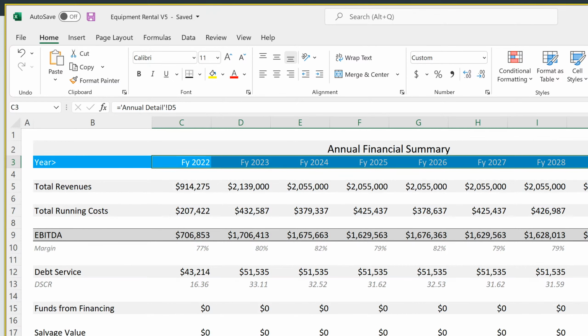Yeah, now we're off by a lot. So we'll have to see what that is. 3 million. I guess even the total equipment purchases don't even equal that.